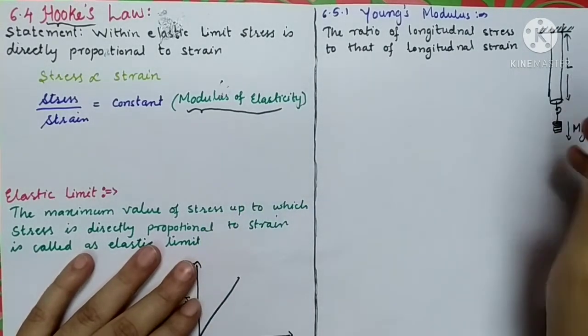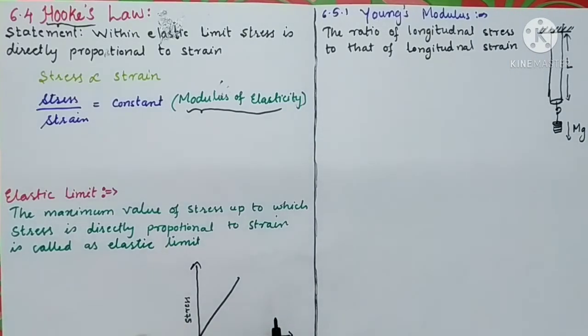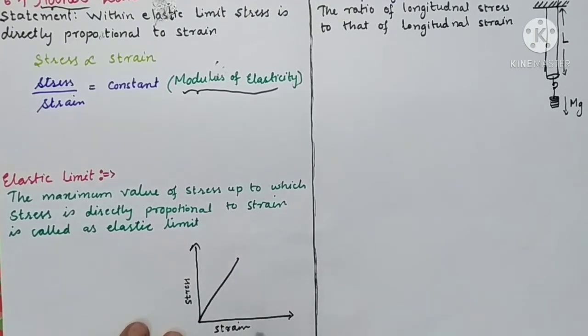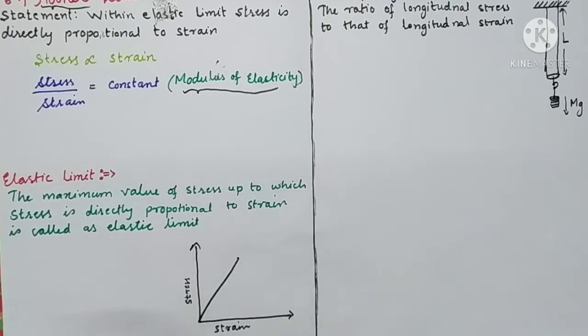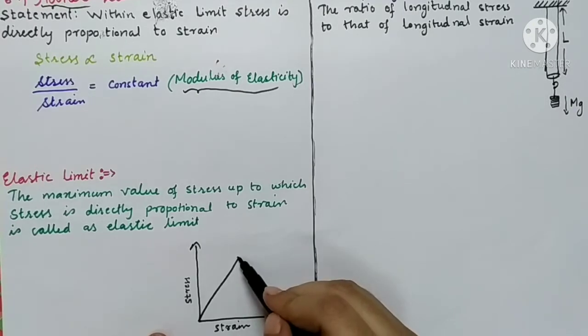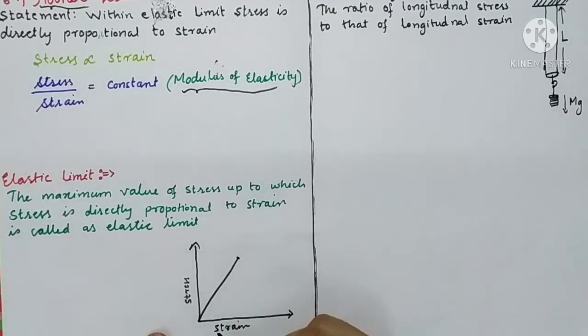When we draw the graph between stress and strain, here we have taken the strain produced on the wire along the x-axis and the stress produced in the wire along the y-axis. Within the elastic limit, meaning before the wire gets permanently deformed, we get a straight line on the stress and strain curve, meaning as we go on increasing the stress, strain will also increase.